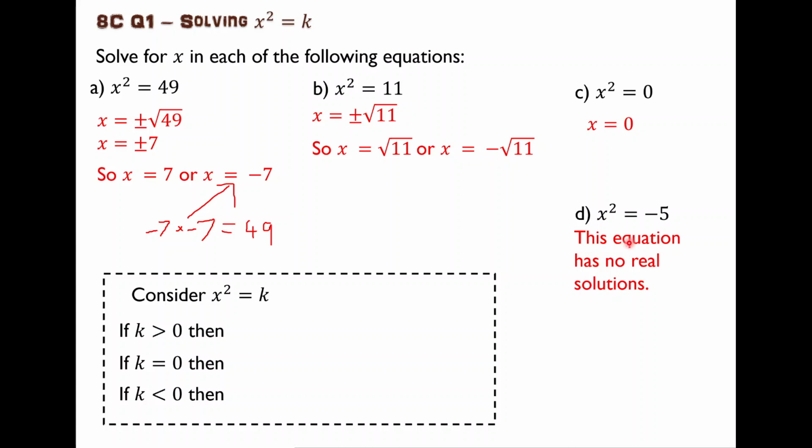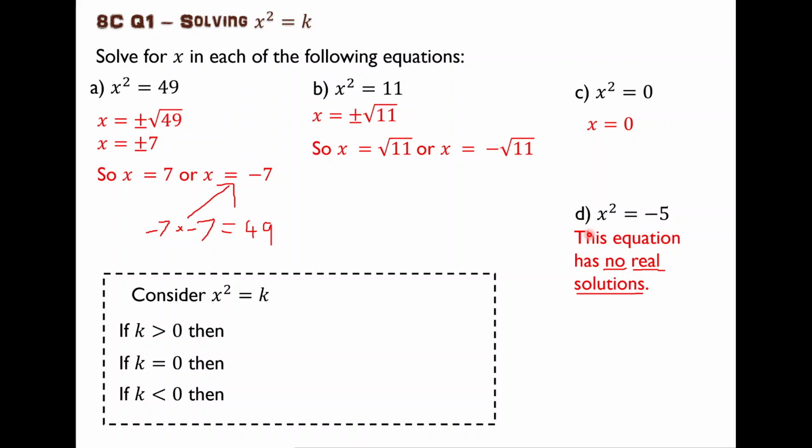We say this equation has no real solutions. So here are your 3 magic words: no real solutions. I do say real solutions because it does have imaginary solutions. And imaginary numbers, if you study further maths, you can learn all about imaginary numbers and how they're useful. But I won't talk about that just yet.